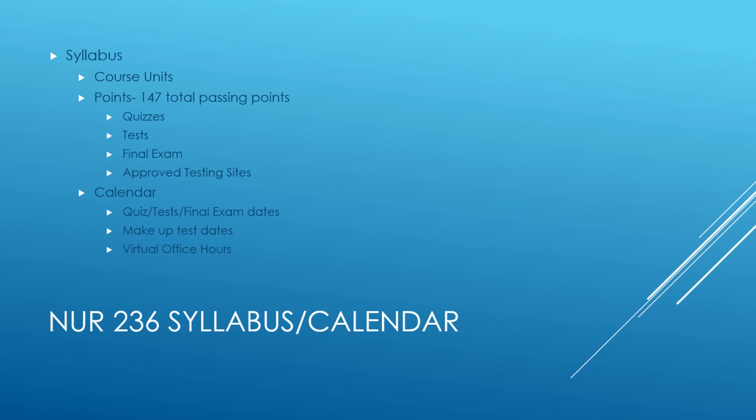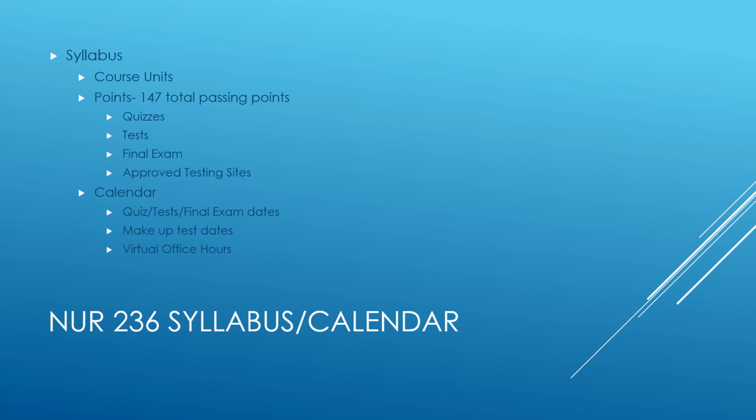Okay, so again, the quizzes you can take on your own. You're going to have 10 questions per unit. So we'll start off with quiz unit 1 and 2. And you'll have a quiz on unit 1, quiz on unit 2, and then you'll have a test for unit 1 and 2.